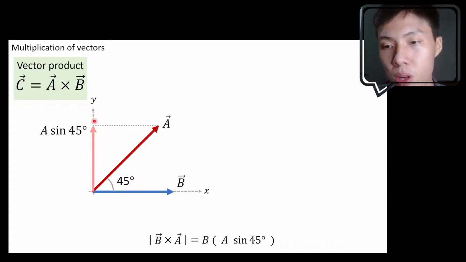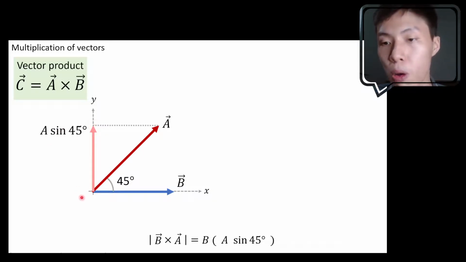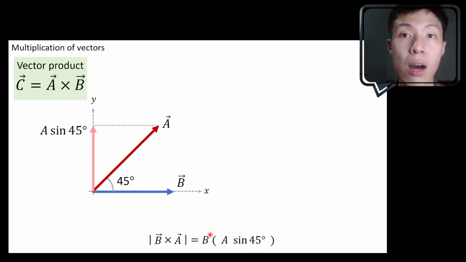This component of A can be represented by A sine 45 degrees, and it is the component perpendicular to vector B. So we find the component of A perpendicular to B, then multiply it by the magnitude of B. That's how we find the magnitude for B cross A.